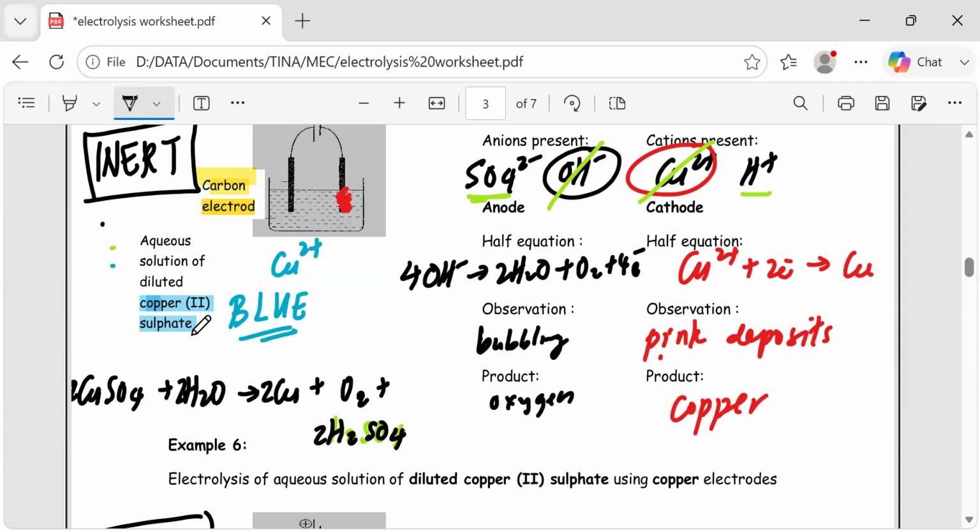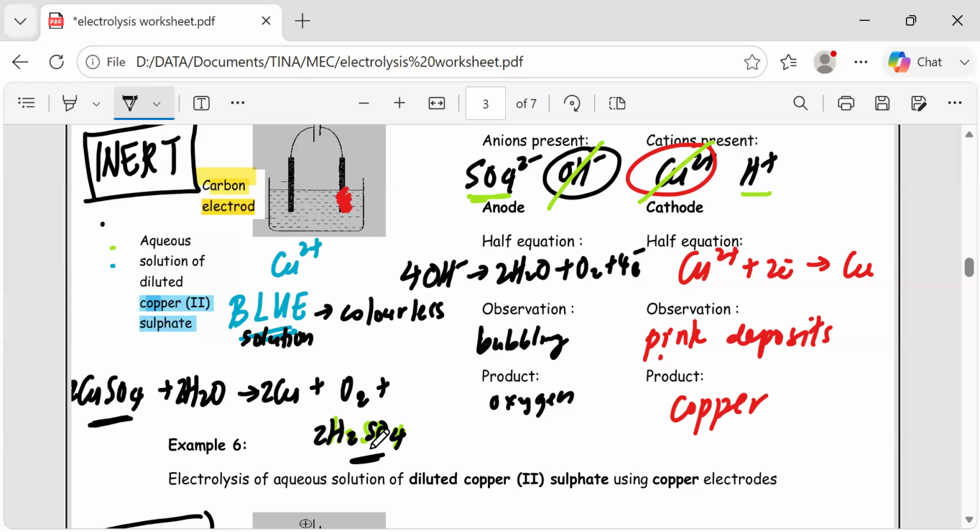Okay? So basically, the blue solution of copper sulfate will change to sulfuric acid. What is the color of sulfuric acid? Colorless. So the blue solution turns colorless because copper sulfate becomes sulfuric acid, which is colorless.